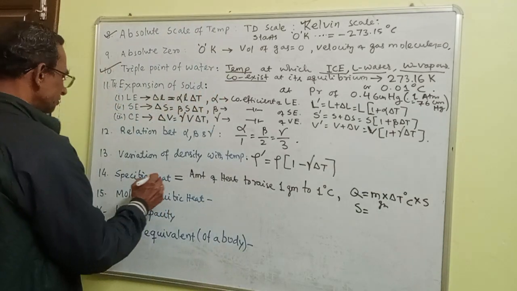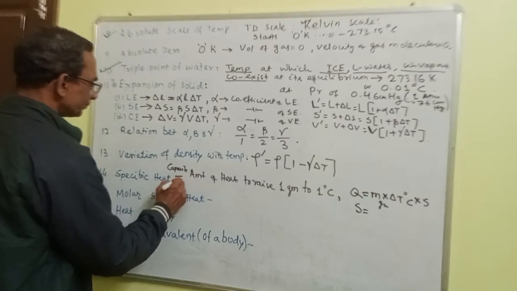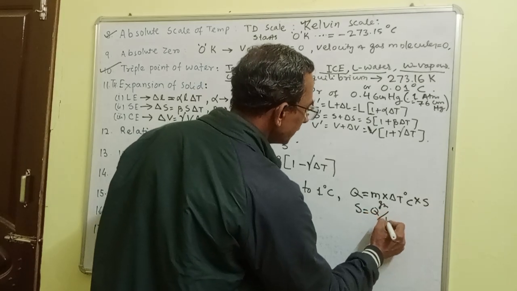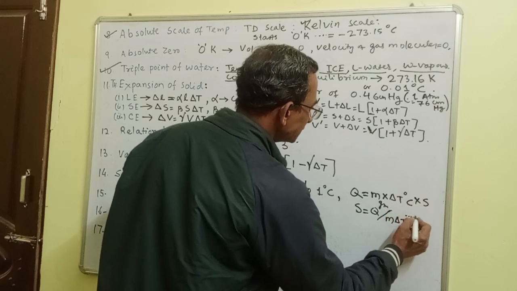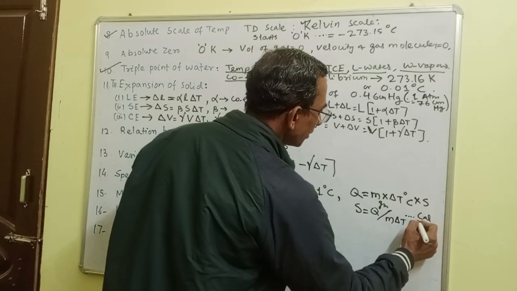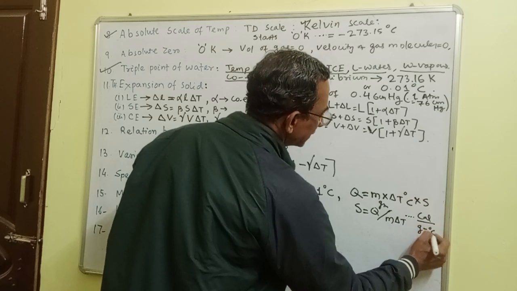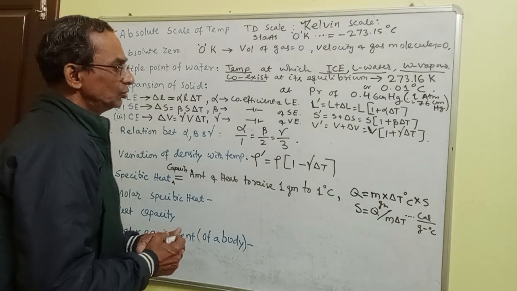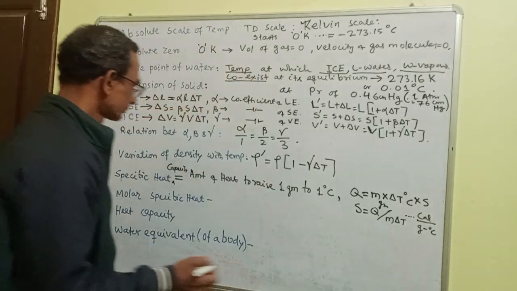Specific heat capacity is equal to Q upon m delta T. Unit is calorie per gram degree Celsius, or in SI it will be joule per kg per Kelvin.